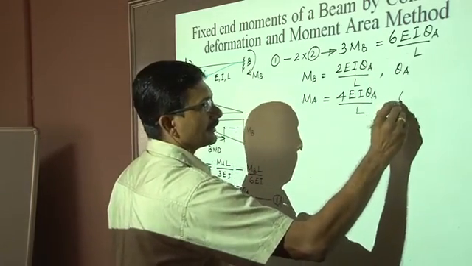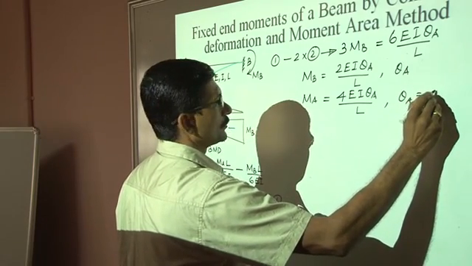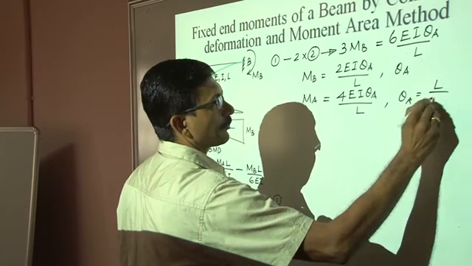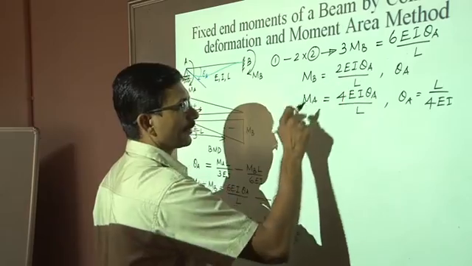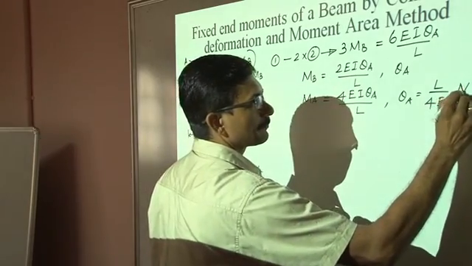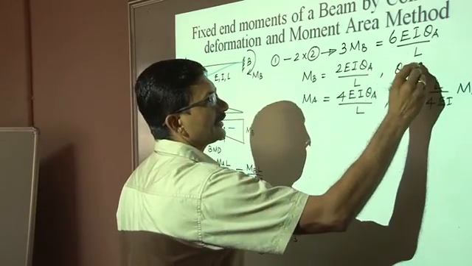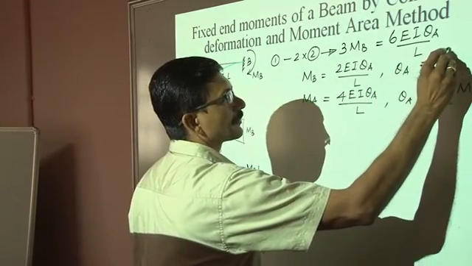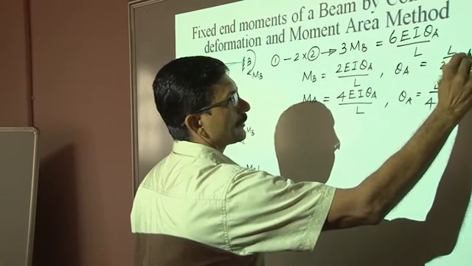Say theta A in terms of MA would be equal to L by 4EI into MA, and theta A in terms of MB would be L by 2EI into MB.